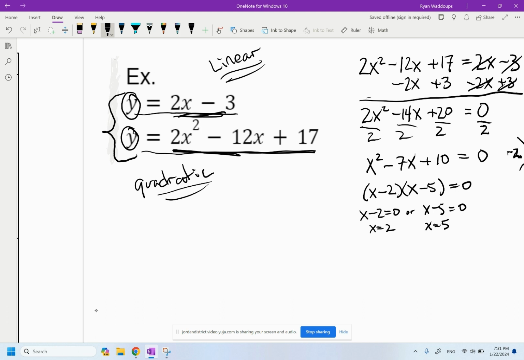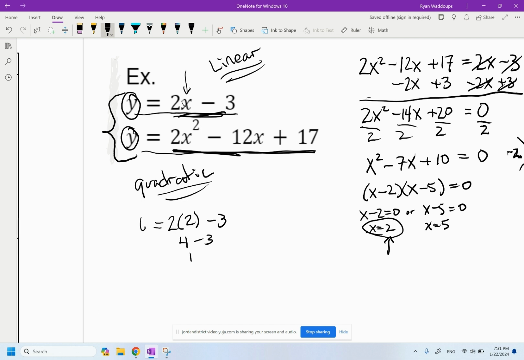And so I'm going to take my x equals 2, and I'm going to plug it right here for x, to find out what y equals when x equals 2. So I'm going to do that. I've got 2 times 2, x equals 2, minus 3. And 2 times 2 is 4, minus 3, and 4 minus 3 is 1.